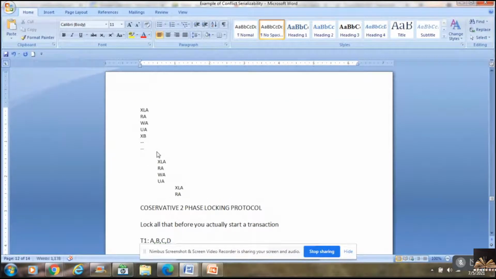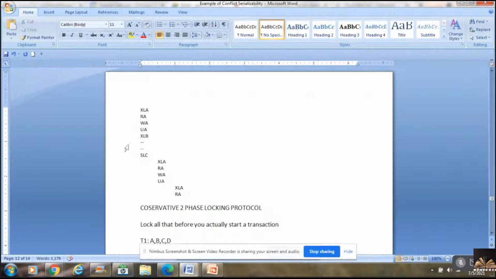And I want a shared lock on C. SC stands for shared lock on C. XLA stands for exclusive lock on A, XLB is exclusive lock on B, and here shared lock on C.